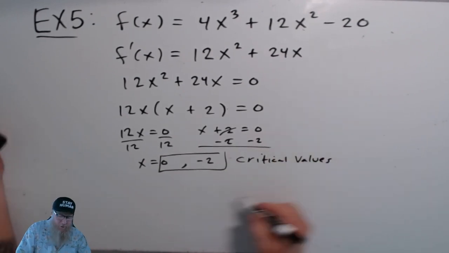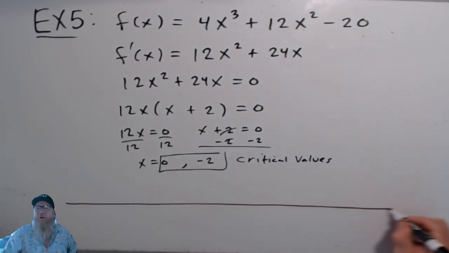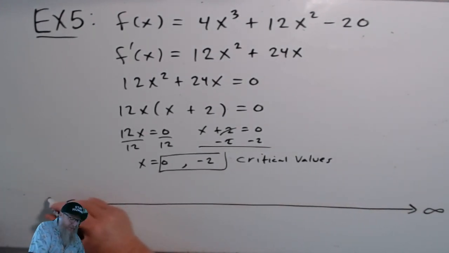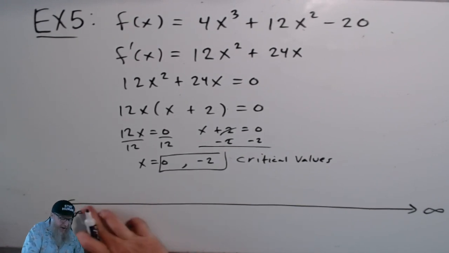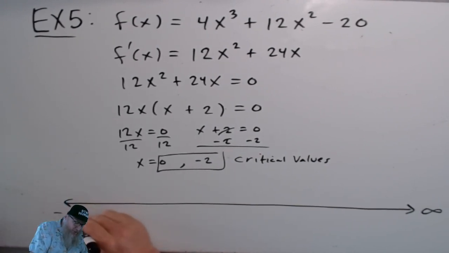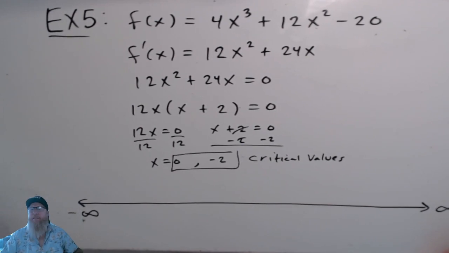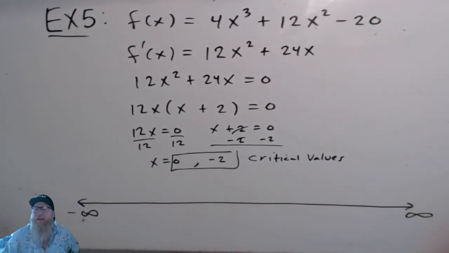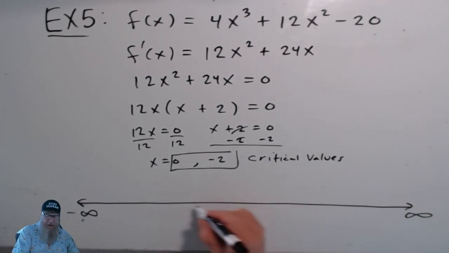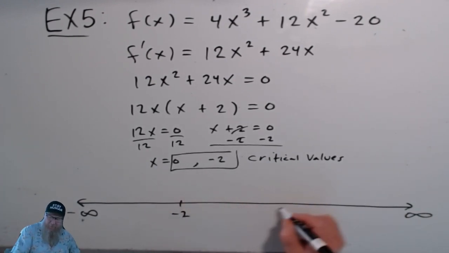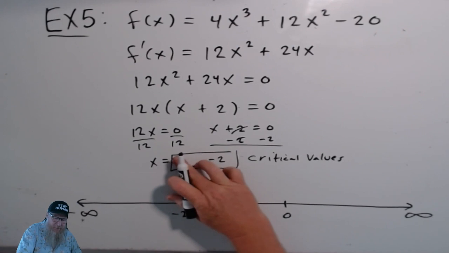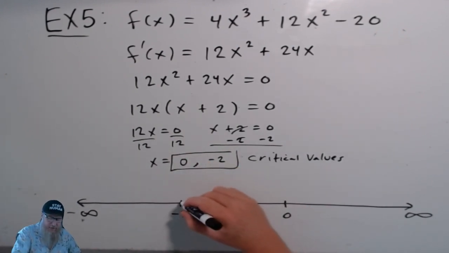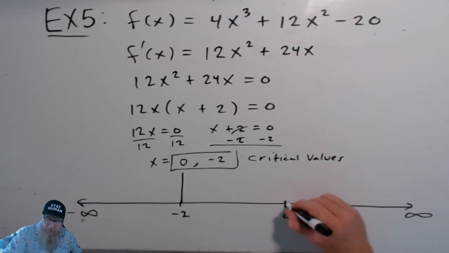When you list them as critical values, I don't care what order they're in, but when you go to do the sign test, also known as the first derivative test, I do care. Now, I won't actually see you perform the test, but I will see the results of your test in your answers. So make sure that they're in the right order when you perform the test, which really is the reason why I was encouraging you earlier in the lessons to just put them in order to begin with.